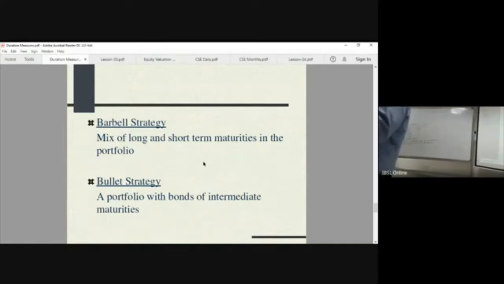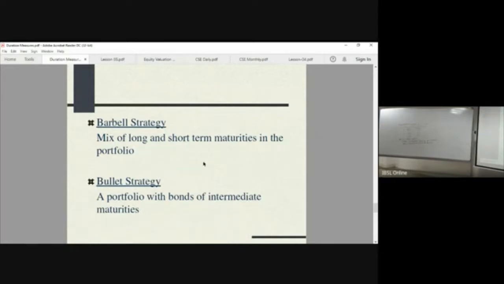Now, when you say maturities, the maturities are really connected to the durations. If you have higher maturity bonds, then higher durations. For example, if you have a 10-year bond, duration is close to 10. If you have a 2-year bond, duration is close to 2 years. So if you want to get the portfolio duration, then the mix will bring it down. If you have only 10-year bonds, then the duration will be 10.